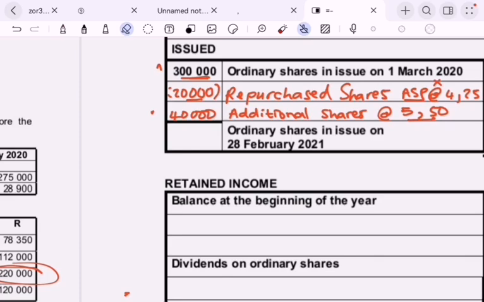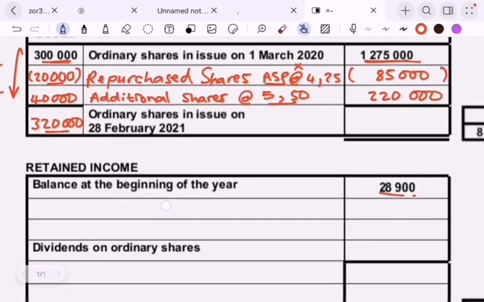It's a minus, then it's a plus. So 300,000 shares minus your 20,000 shares, you add your 40,000 shares, and you will get your beautiful 320,000 shares. So these are the total issued shares.